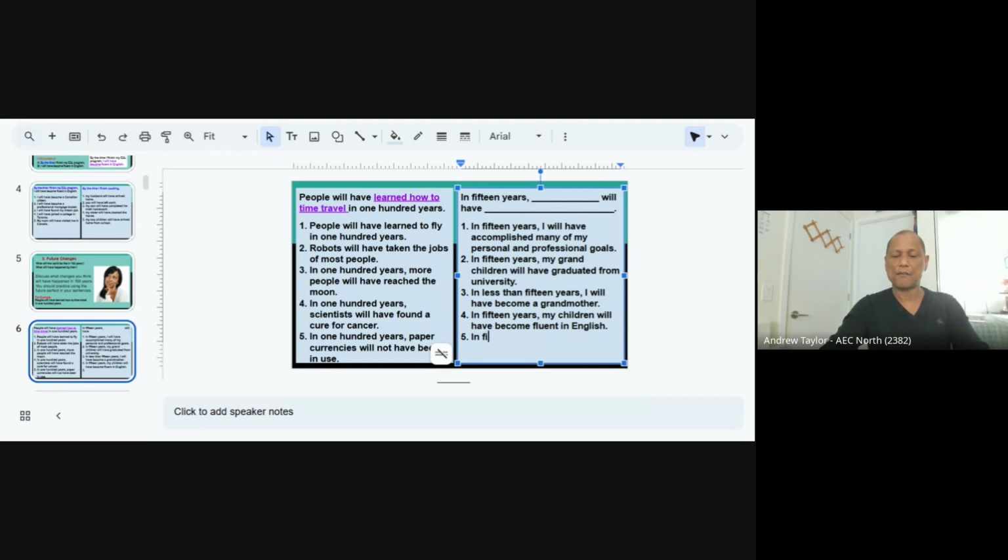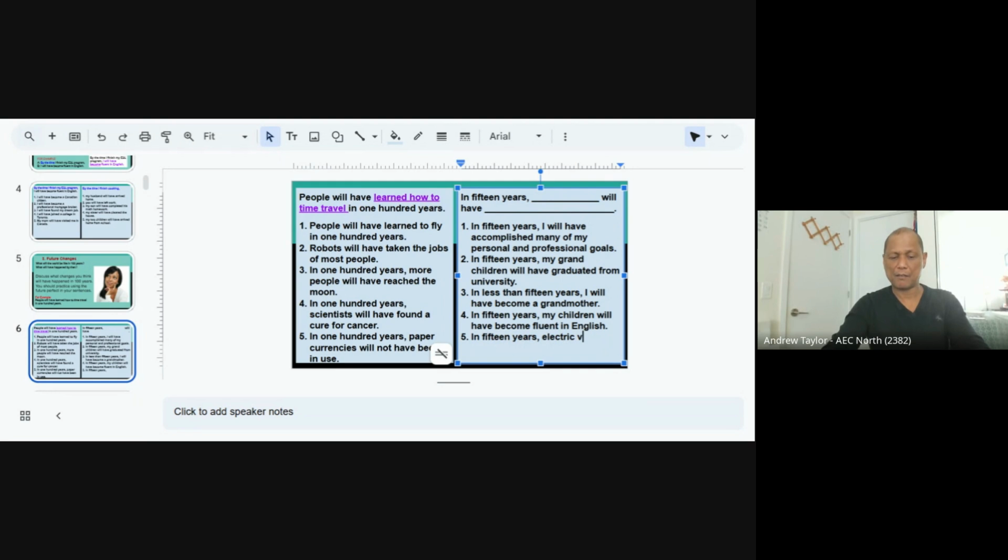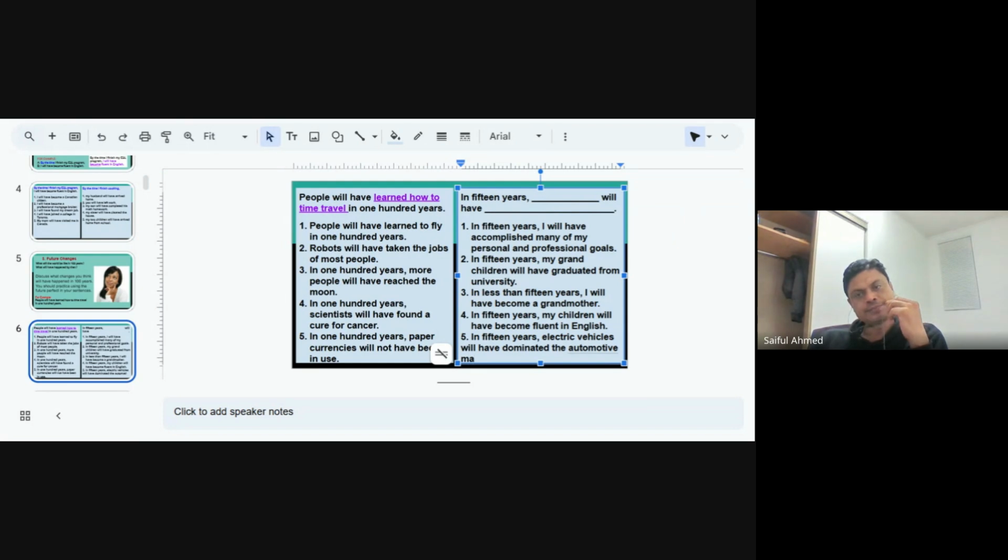In 15 years, electric vehicles will have dominated the automobile market.